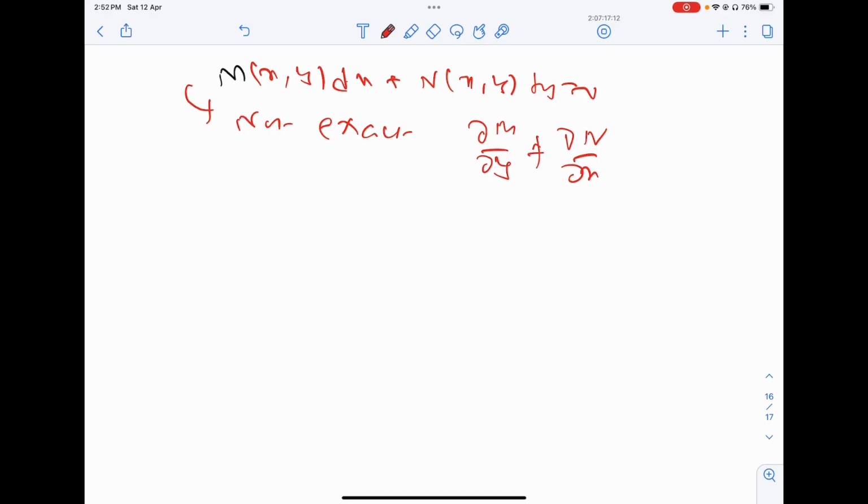Earlier we have seen that if it is not exact but homogeneous, we can try the integrating factor 1 upon Mx plus Ny. And second, if a differential equation is like f of xy into y dx plus g of xy into x dy equal to 0, then the integrating factor is 1 upon Mx minus Ny.